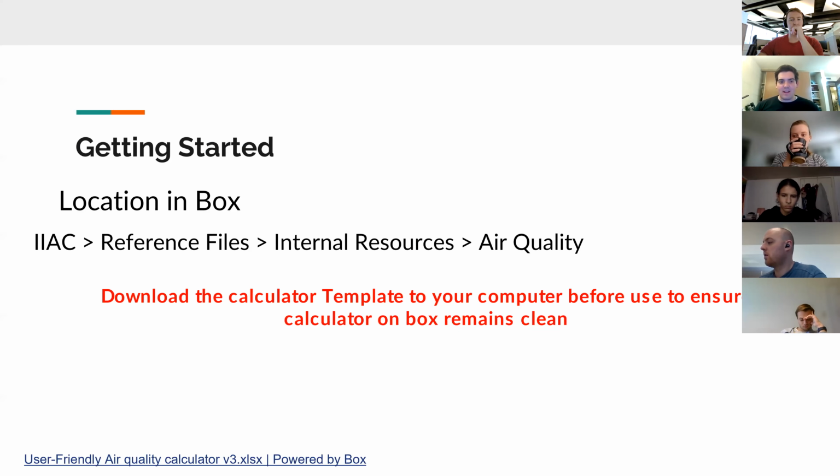So just getting started. The location of the file is already uploaded in Box. This is the way that you can get to it. If you click on IIAC and then go to the reference files folders, and then the internal resources folders, and then the air quality folders, you'll see a thing called the user-friendly calculator.